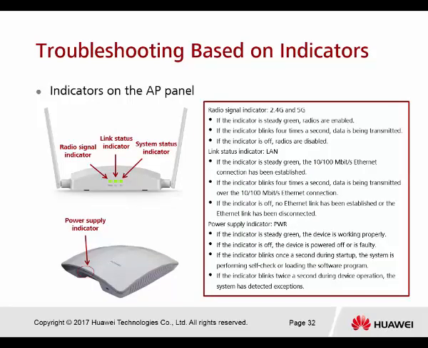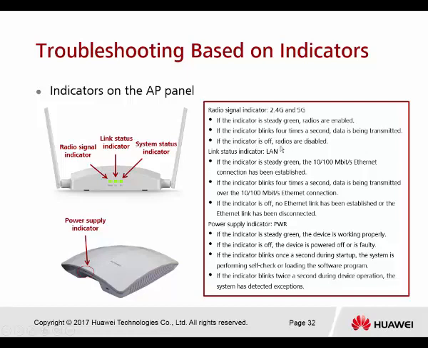This applies to APs that have indicators. If the AP is not hidden inside the ceiling, you can check the indicators. If the indicator is steady green, the radio is enabled. When it is blinking 4 times a second, data is being transmitted, so there is some activity.